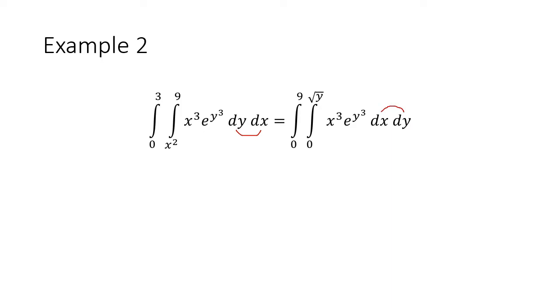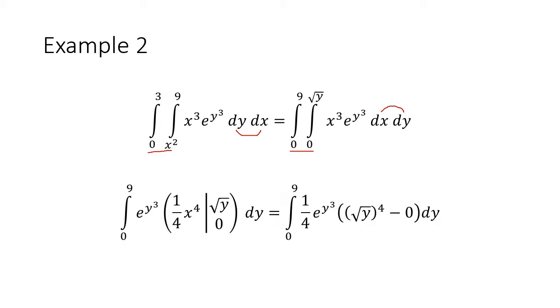But again, notice that the bounds on my left-hand side are written as my type 1, and the bounds on my right-hand side are written as my type 2. We don't just swap the bounds, we have to actually draw the region and understand it first. 80% of this problem is understanding the region. Once you understand the region, the integral should be fairly easy, right?